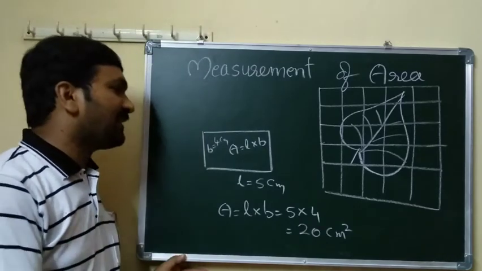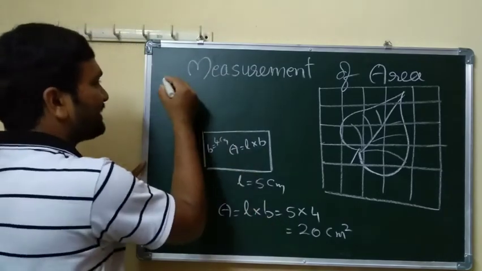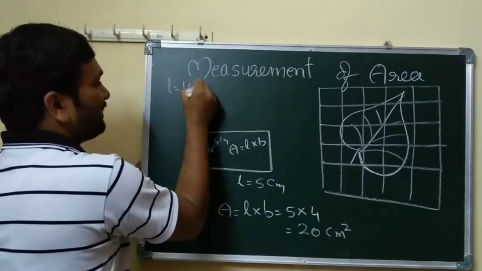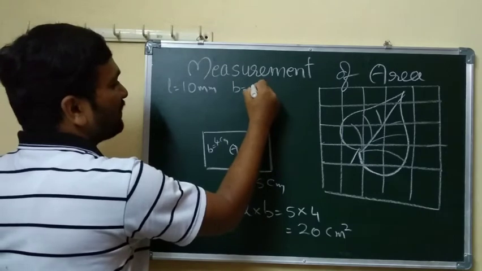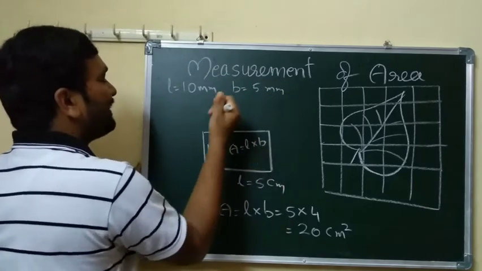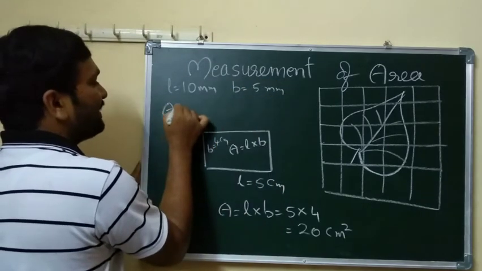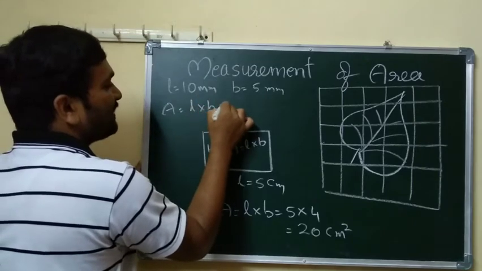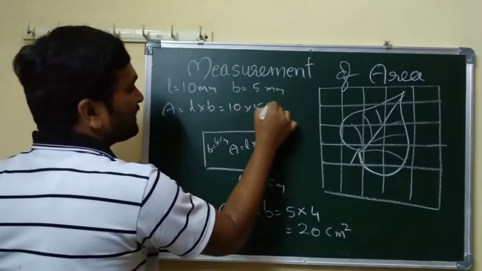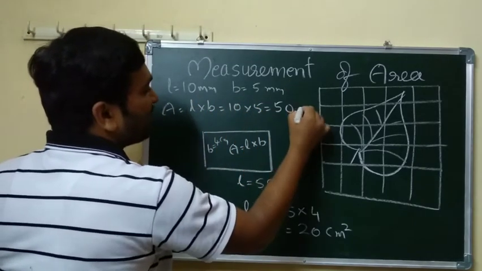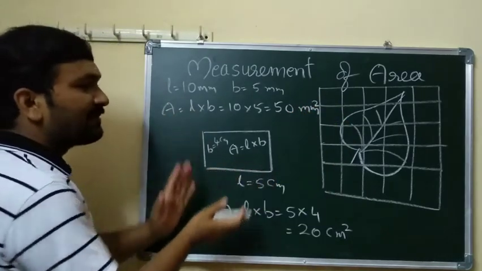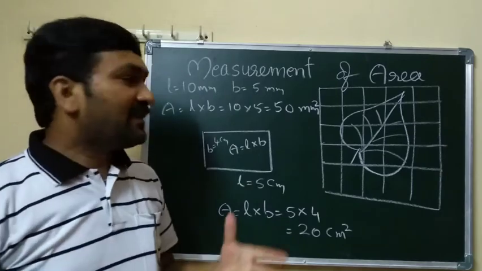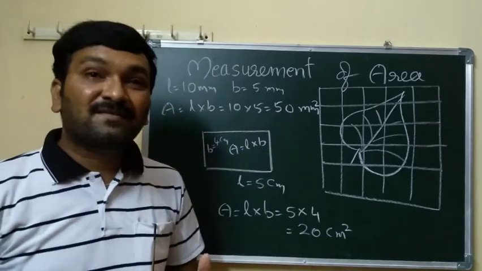Suppose in case they give the same thing, that length equals 10 millimeters and breadth equals 5 millimeters. Then area equals length into breadth, that is 10 into 5, that is 50 millimeter square. Millimeter square because we are multiplying two lengths, that's why the units become square.